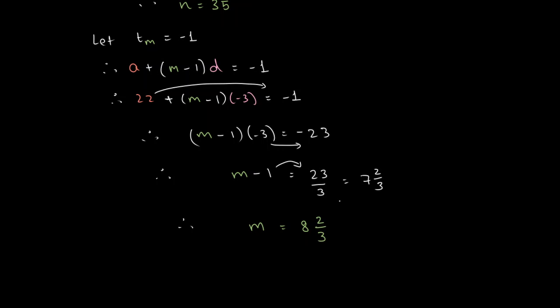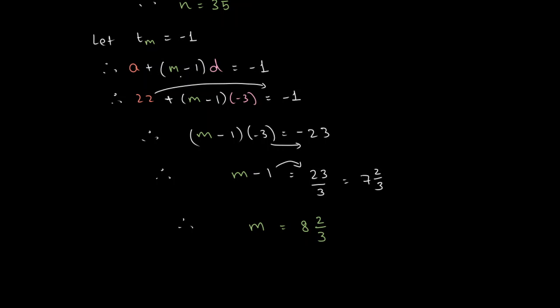Minus 1 becomes plus 1 there, and this will become 8 2 upon 3. Now if you notice, the value of m here is 8 2 upon 3. That means the position of the term minus 1 is 8 2 upon 3. So the 8 2 upon 3rd term is minus 1. That statement doesn't really make any sense.